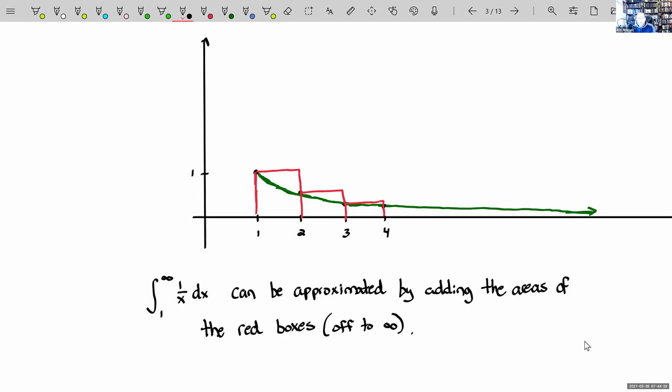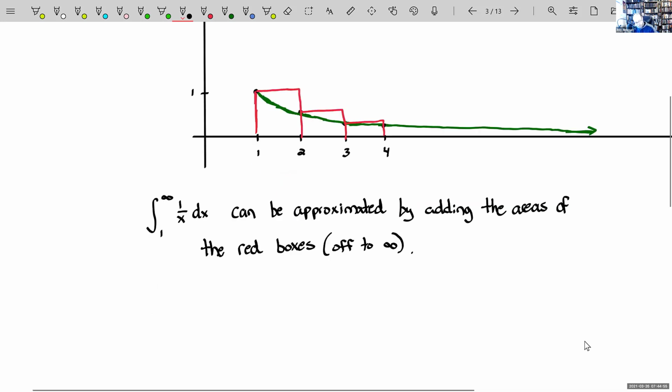But one thing you should note here, very easy to see, is that because this green curve 1 over x is a decreasing function and we use the left endpoint method, the area of those boxes is actually going to be greater than the area underneath that green curve y equals 1 over x.